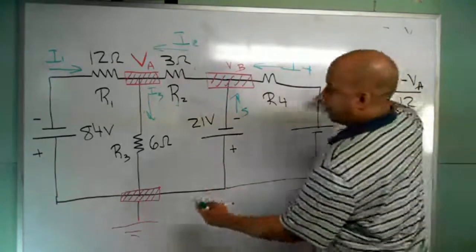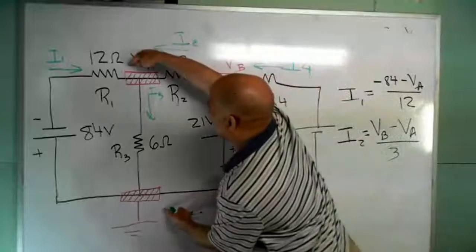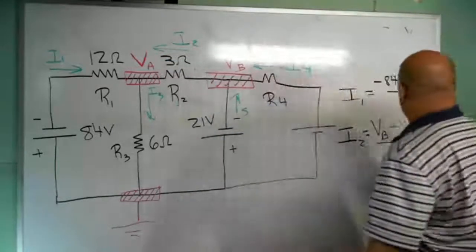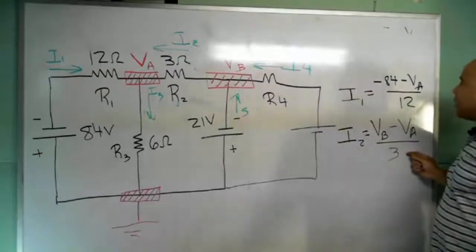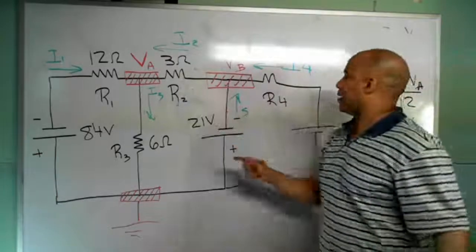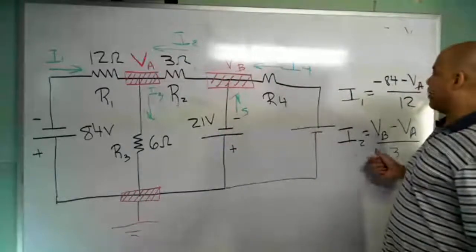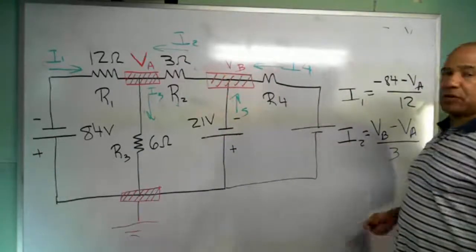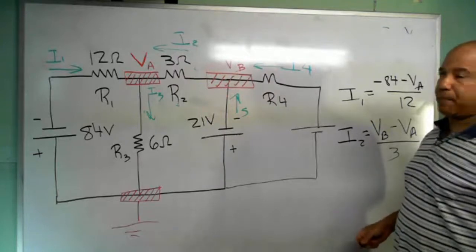I still do the same kind of thing. I take the voltage on one side of the resistor, minus the voltage on the other side, and I divide that by the resistor. The thing is here now, if I have more than one node, I'll get 2 unknown values. So I'm going to end up with 2 equations and 2 unknowns. And you can use determinants or some other method to solve that.